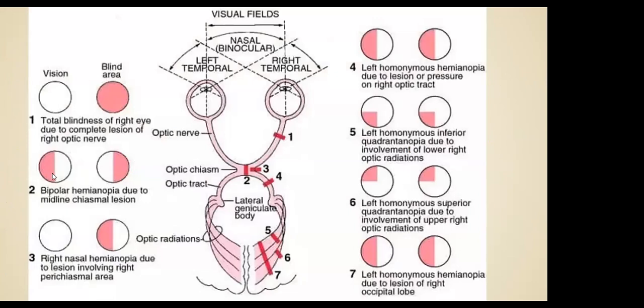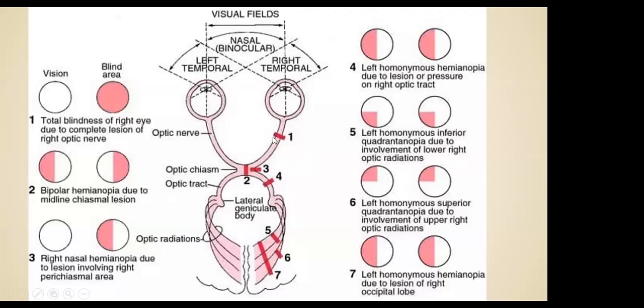While a perichiasmatic lesion will lead to ipsilateral nasal hemianopia, as you see here, number 3. But with irregular enlargement of any lesion, when there is affection of the optic nerve, there will be complete blindness of the ipsilateral side.